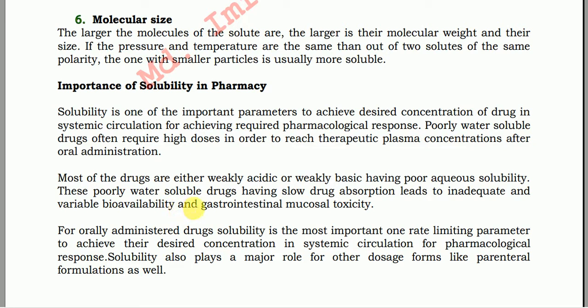And if the amount of the drug present in the gastrointestinal mucosa is greater, then there will be a toxicity known as gastrointestinal mucosal toxicity. For orally administered drugs, solubility is the most important rate limiting parameter to achieve their desired concentration in the systemic circulation to get pharmacological response. I have already told you what it implies.